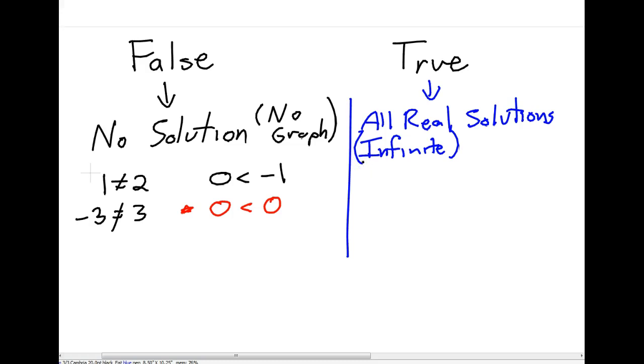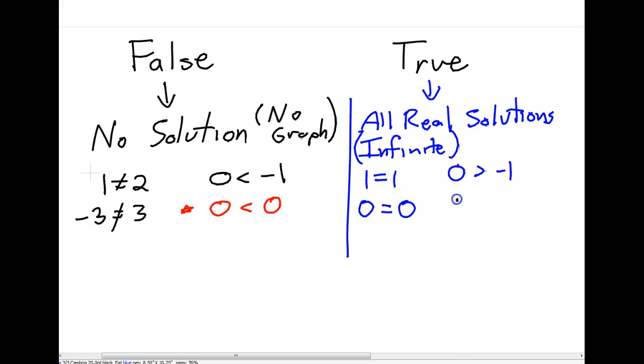So some things that are true at the end of an equation: if you got 1 equals 1, well, sure, that's true. If 0 equals 0, that's true. If 0 is greater than negative 1, that is true. 0 is bigger than a negative number, always.